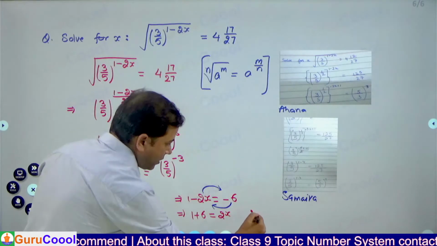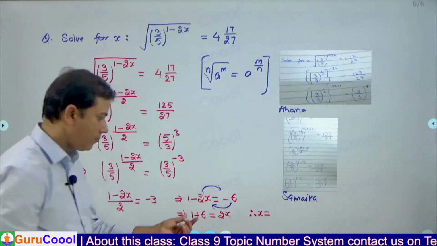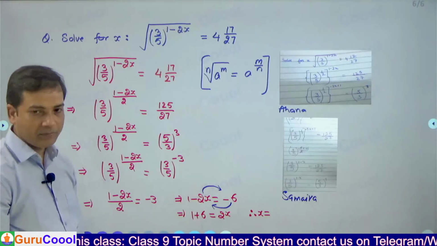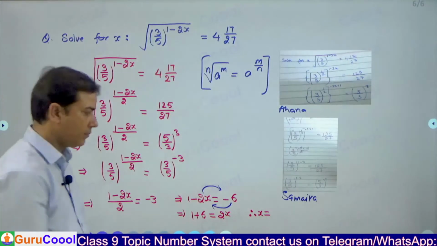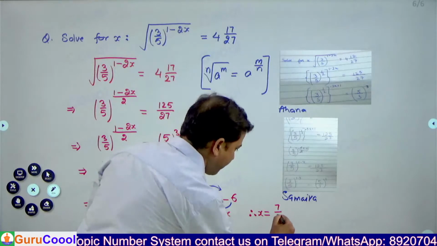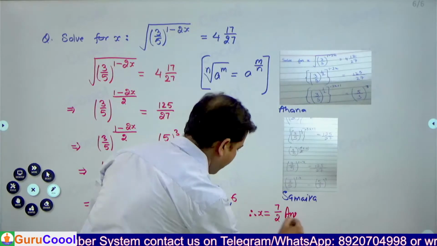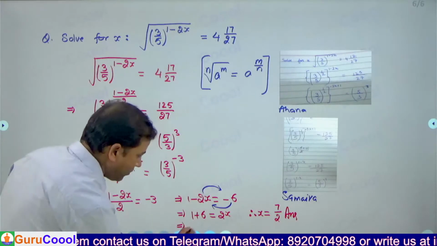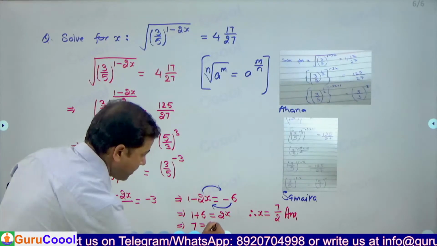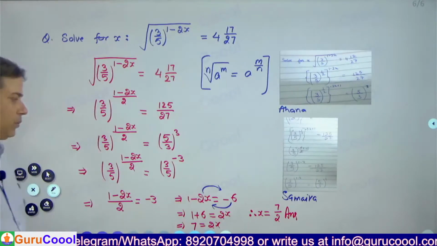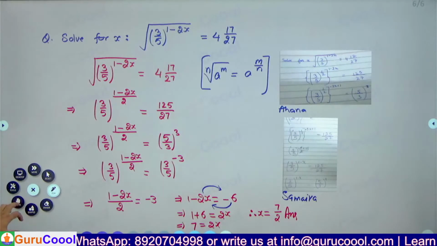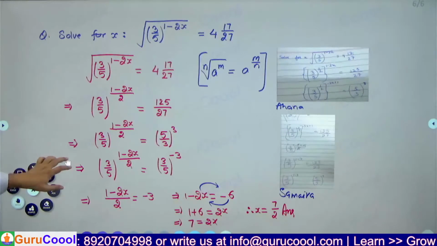So x is going to be what? 7 by 2, right? Yes. We can include one more step here: 7 is equal to 2x and then x is equal to 7 by 2. Done. Tell me if any question.